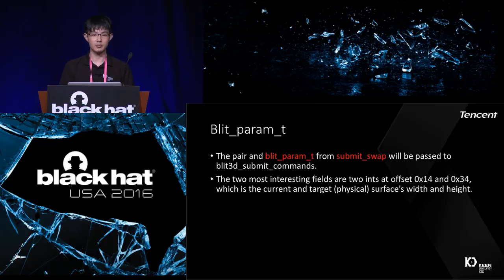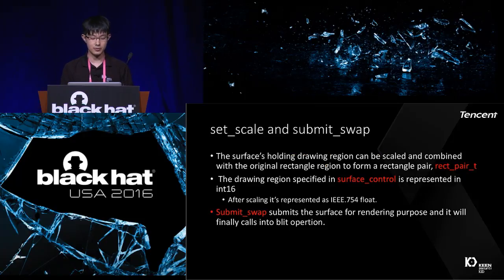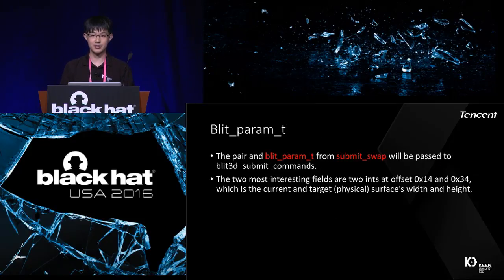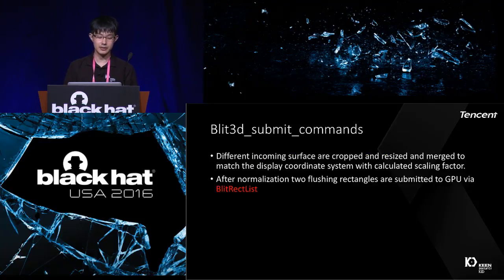And the pair we mentioned before, the rectangle pair T, and the Pleat param T will be submitted from submit swap to the Pleat 3D submit commands. The Pleat 3D submit commands is an implementation in the Intel graphics driver to do the Pleat operation.